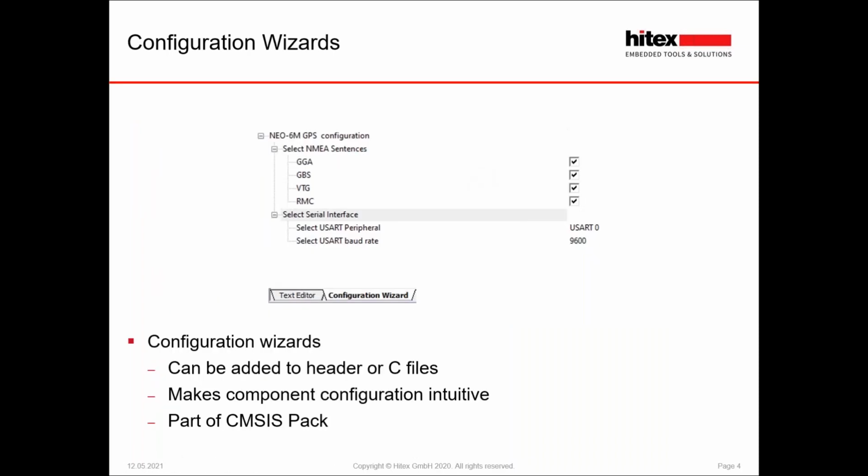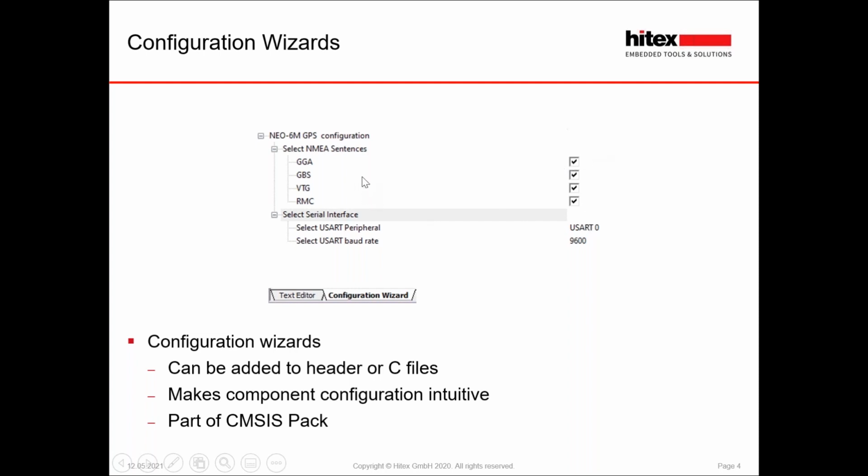Now, to look at how we can adapt it, we can start to add configuration wizards. So these are typically put in header files so that any of the hash defines in the project are made available for configuration through a GUI type interface. So here we have a custom component, which is a GPS library.